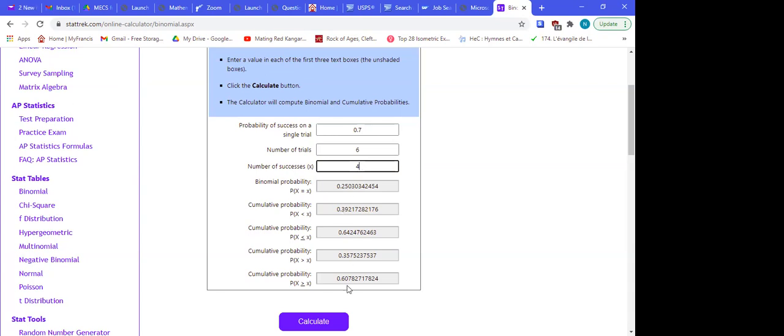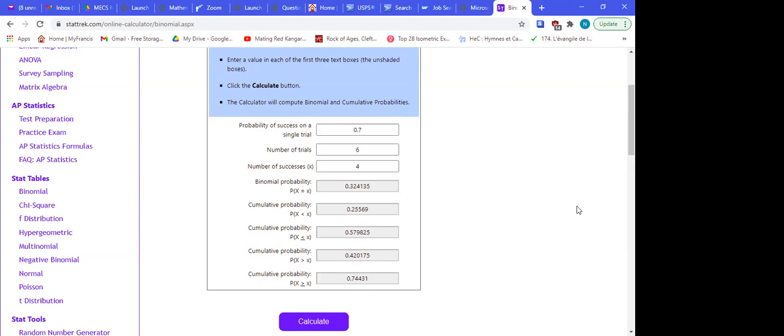So once I do this, I will identify the question that I have. So this question was about exactly 4. So the answer is 0.32, exactly 4. If the question was less than 4, we will have 0.25. If the question was less than or equal to 4, 0.57. Greater than 4, 0.42.